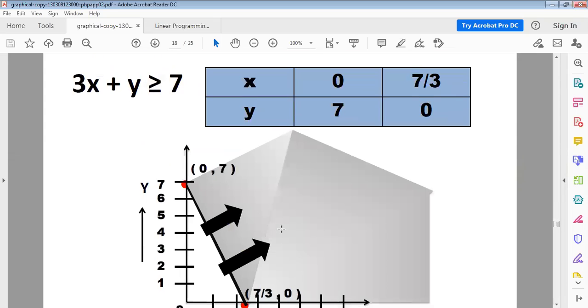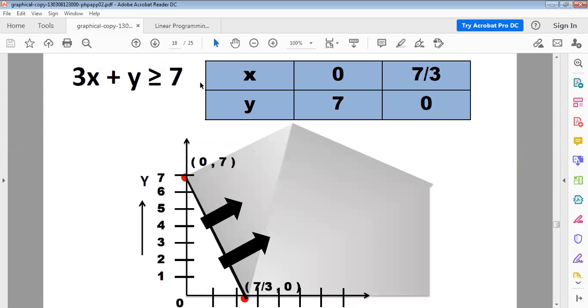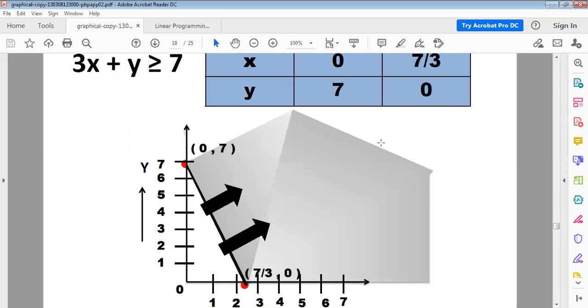Now for the other constraint, 3x plus y greater than or equal to 7, we got these points: 0, 7 and 7 by 3, 0. So x equals 0 and y equals 7. And 7 by 3 means what? Actually more than 2, greater than 2.